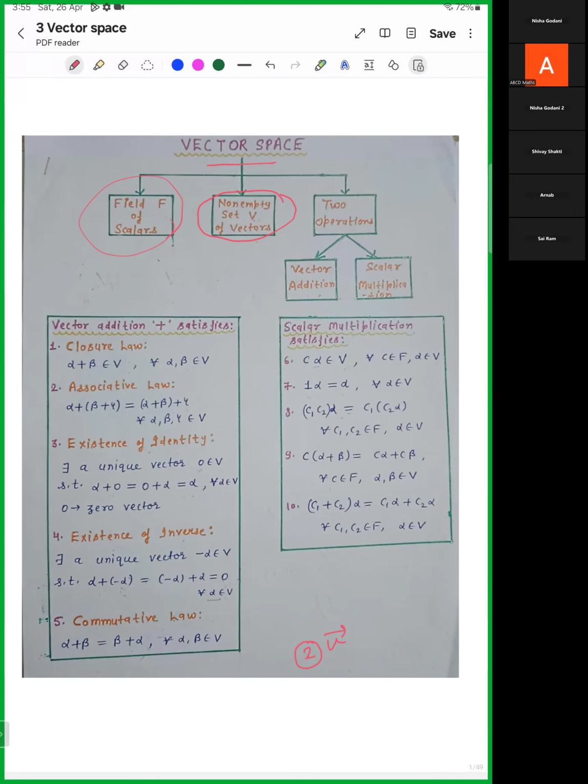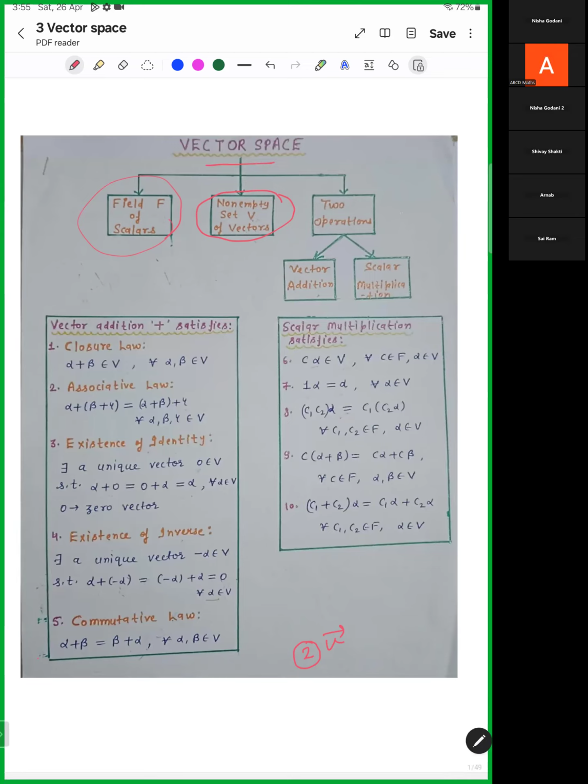Here I will take the constants or scalars from the real numbers mostly. In all the questions, I'll take them from the reals. So you can think of it as the set of reals, the real field. Now, the vector space I'm considering is a system: this non-empty set of vectors, this field of scalars, and two operations, vector addition and scalar multiplication.